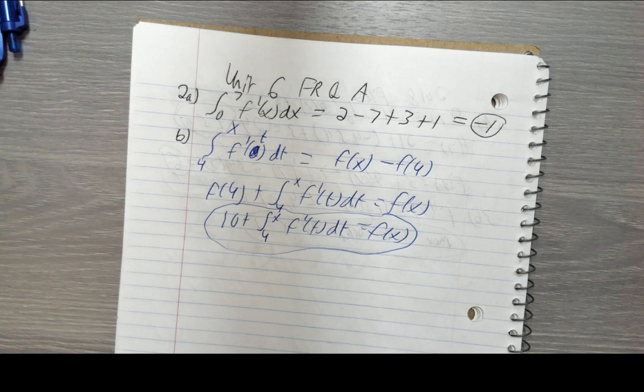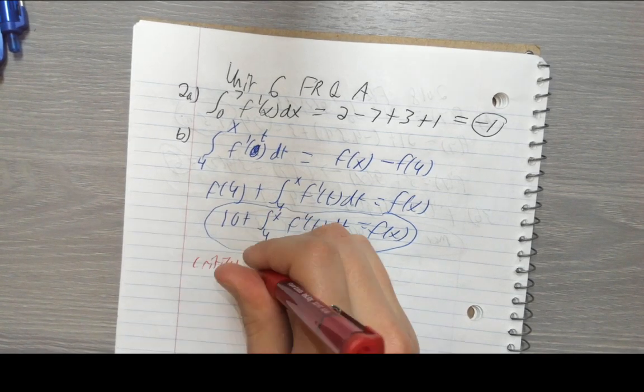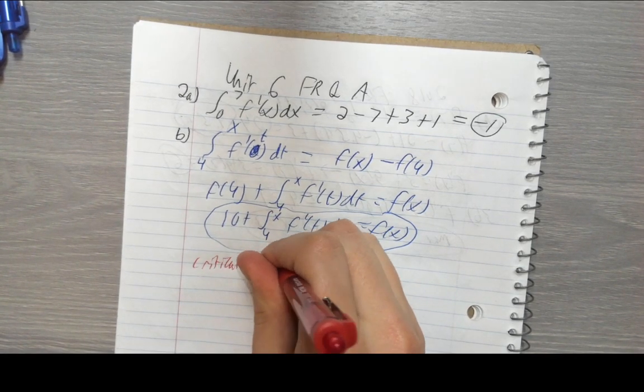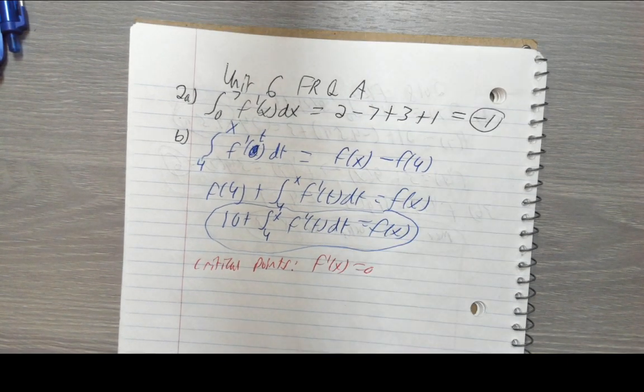So absolute minimum and maximum, candidates test. Part of the candidates test is we need critical points. Critical points occur when f prime of x equals 0. Lucky for us, we're given what f prime of x is because we're given the graph of f prime of x.